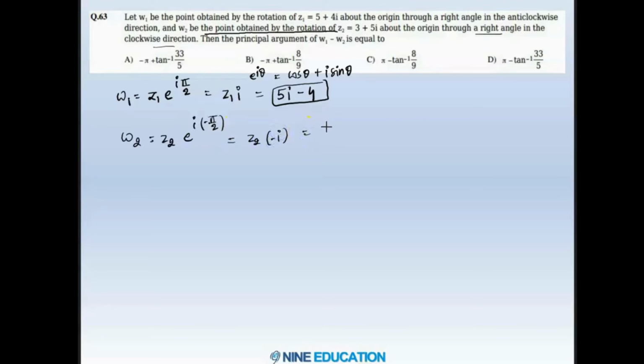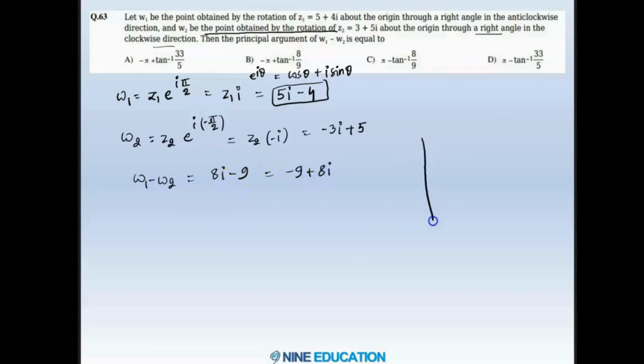So it is minus 3i plus 5, that is what we will be getting. So we know W1, we know W2, and W1 minus W2 we can calculate as 8i minus 9, correct, which can be written as minus 9 plus 8i.